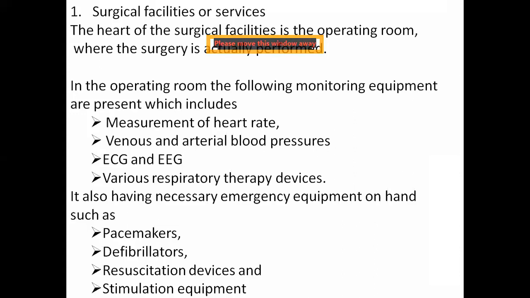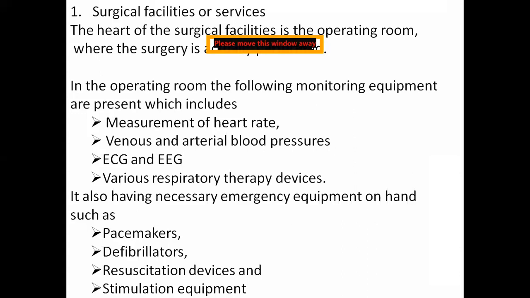When the heart functionality is lost within some seconds, we can also provide a high-potential shock that will be applied to the patient. Like that we can use these life-saving equipment and stimulation equipment.